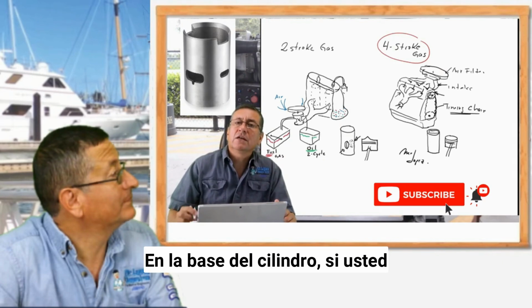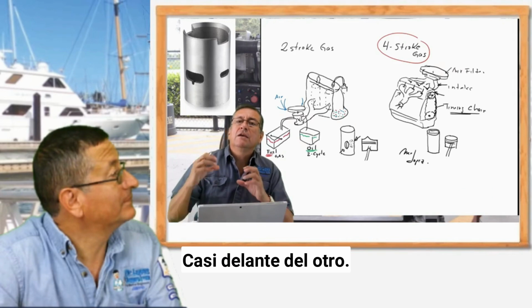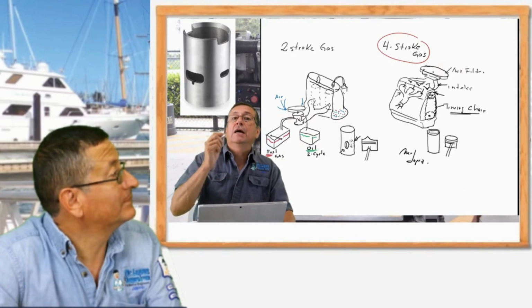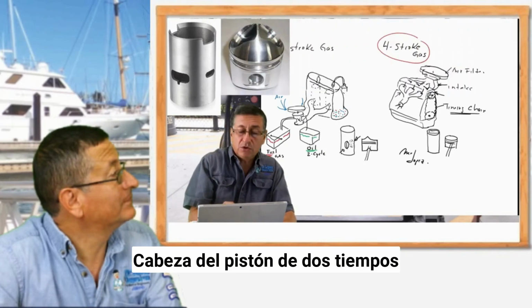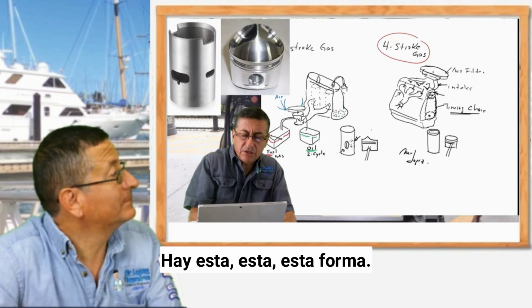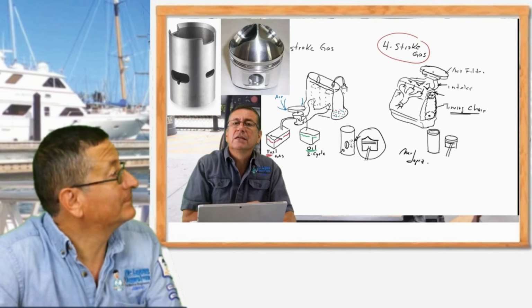Additionally, the head of the piston in two-stroke engines has a shape like a castle, like this.